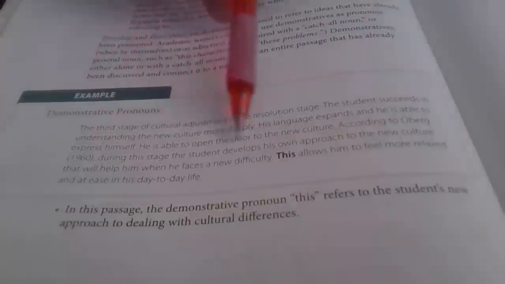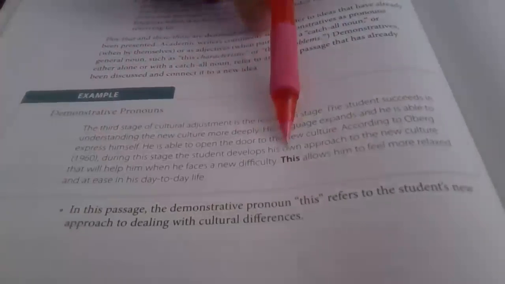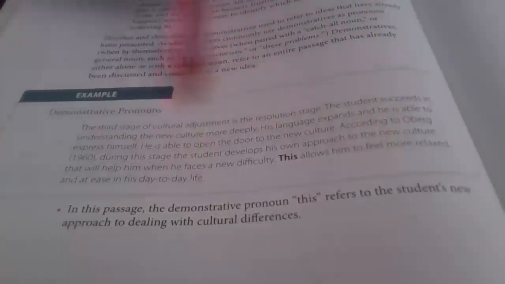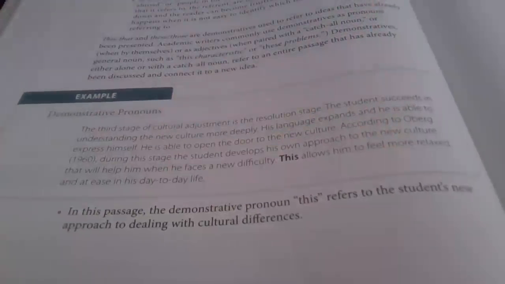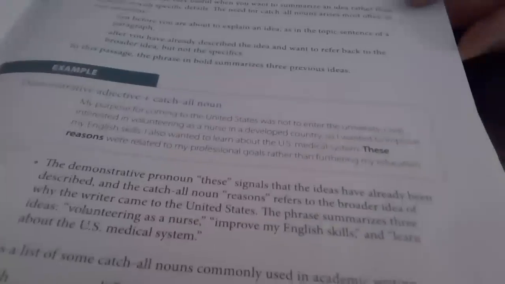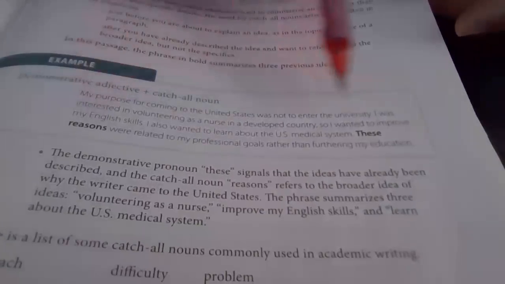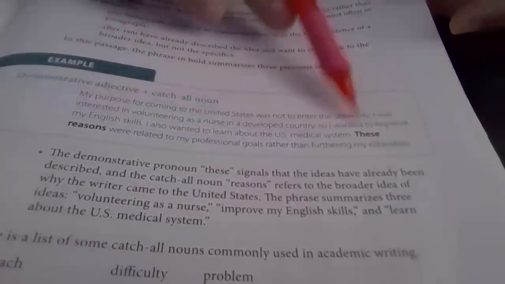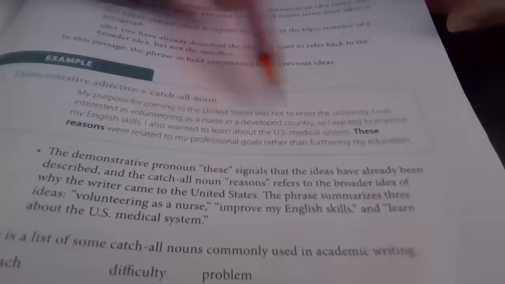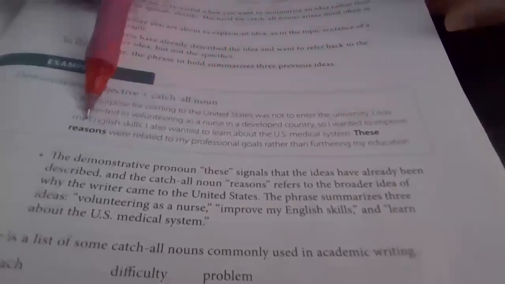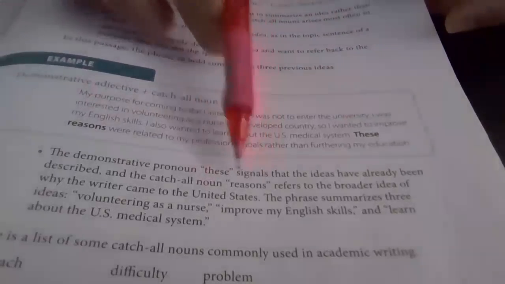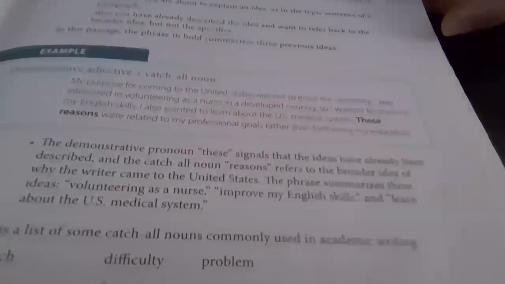And then here's an example of a demonstrative pronoun. This is referring to the student's new approach, right? And that paragraph will give you the example of that. On the next page, we have this demonstrative adjective plus catch-all noun, like these reasons. What this is saying is that you probably list a couple of reasons, and then these reasons refers to all the things we talked about earlier.